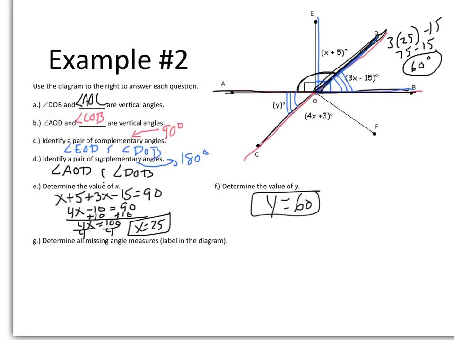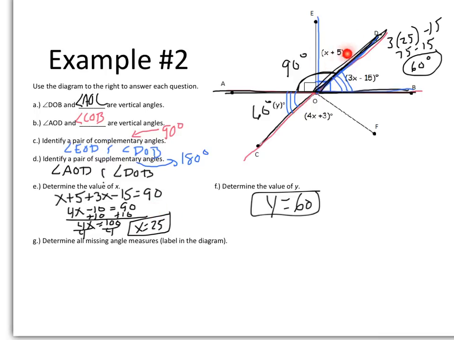Lastly, G says determine all missing angle measures and label the diagram. Okay, well, we know that angle y, this angle right here is 60 degrees. We know that this tick mark indicates that that angle is 90 degrees. Right now, we have this angle right here that represents x plus 5. But remember, we've already solved for x.